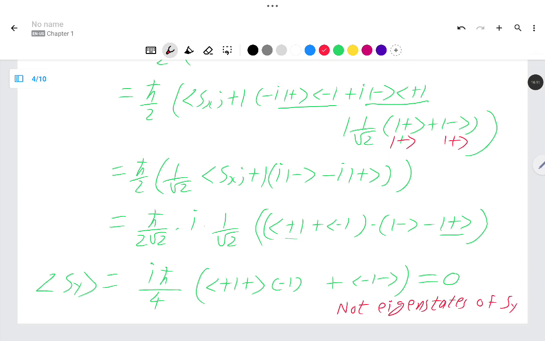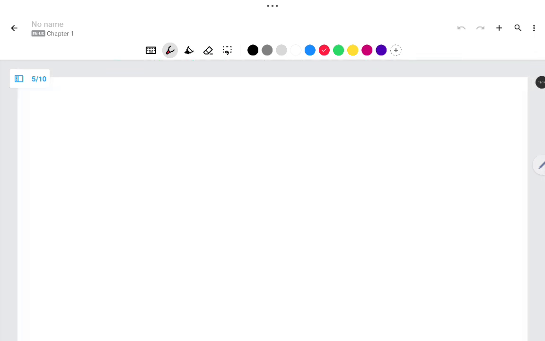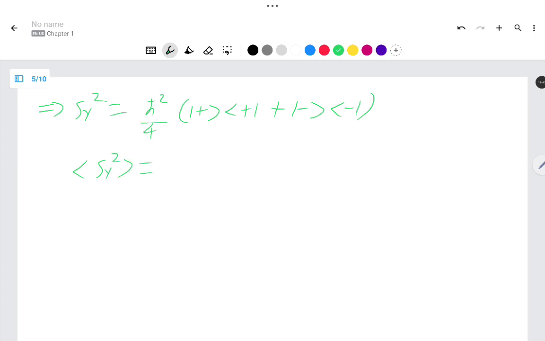But what one can see here is, since Sy square is h squared by 4 times identity, the average value of Sy square is h squared by 4, for normalized states.